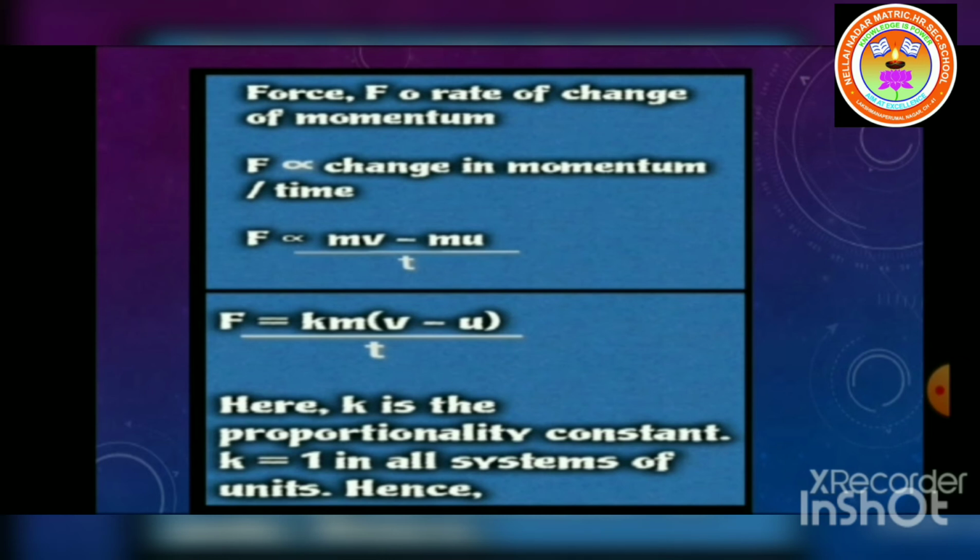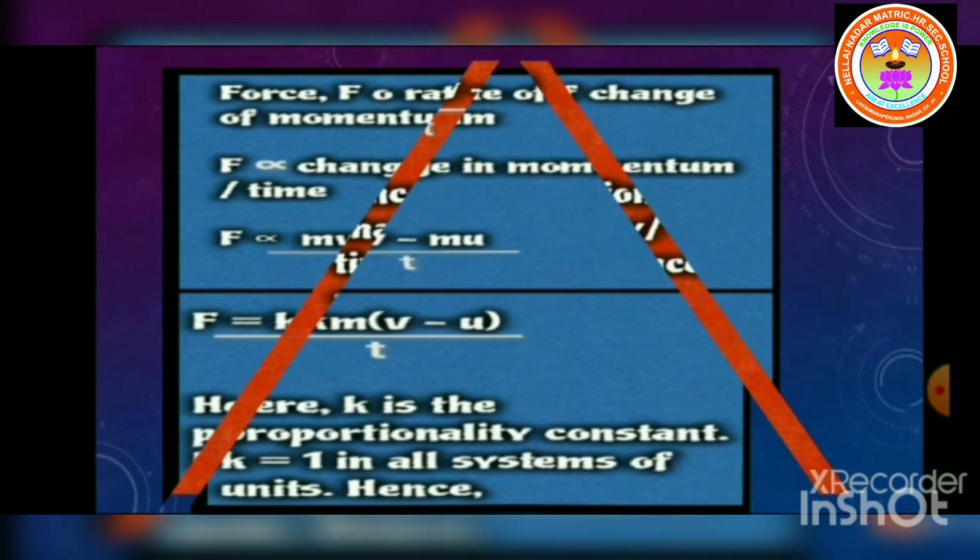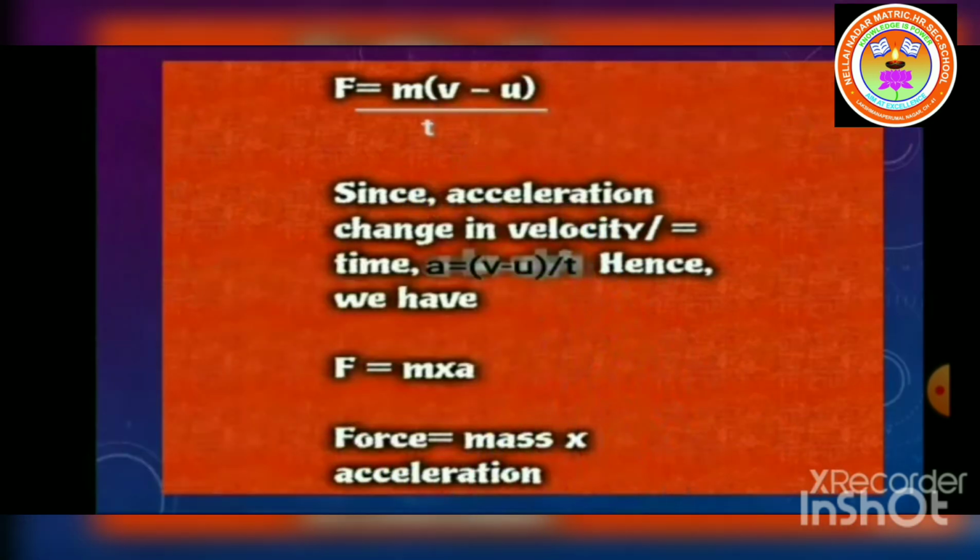So force is directly proportional to mv minus mu divided by t. Instead of proportional, we write equal and k. So F is equal to k m into v minus u divided by t. Here k is the proportionality constant, and k is equal to 1 in all systems of units. Hence, F is equal to m into v minus u divided by t.